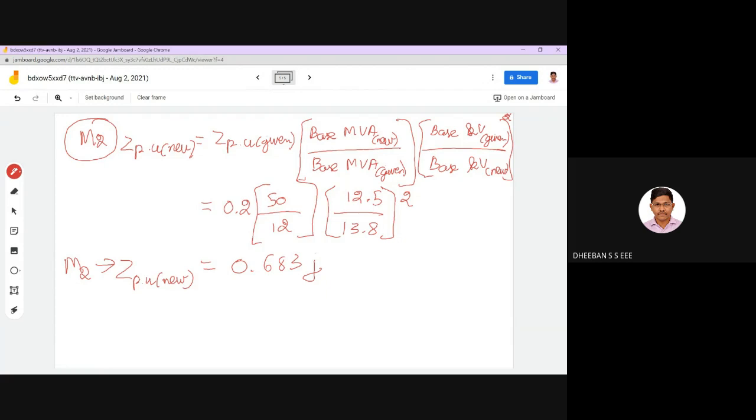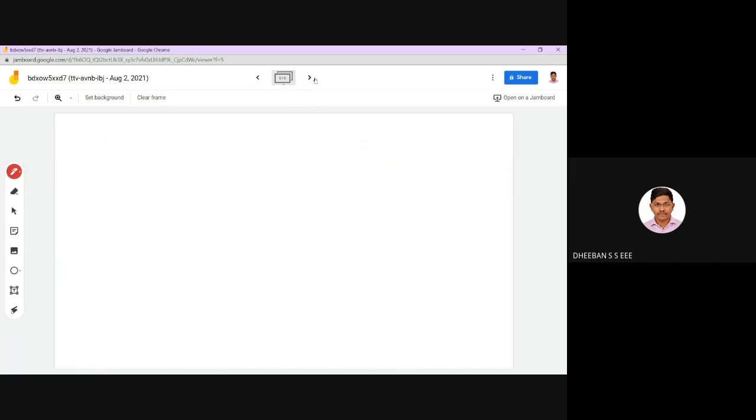The necessity lies in making a complex network into a simple network. We might have already seen in some previous classes the equivalents for your generator and your motor. Based upon that, the diagram goes like this.